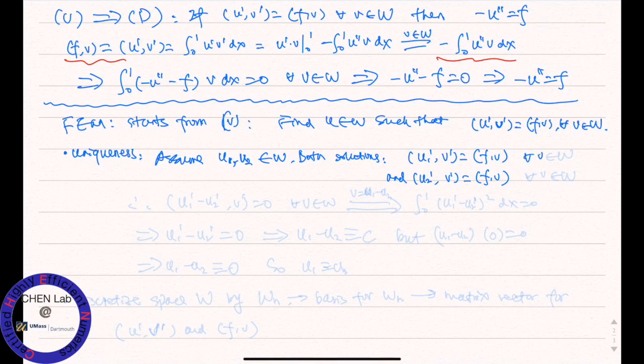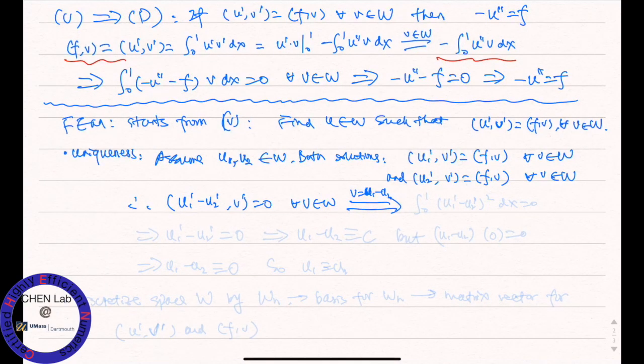This is true for any v in W. What you do is subtract one equation from the other. You get the integral of u1 prime minus u2 prime times v prime equal to 0, true for any v in W. In particular, we can take v to be u1 minus u2, because that's still in W.